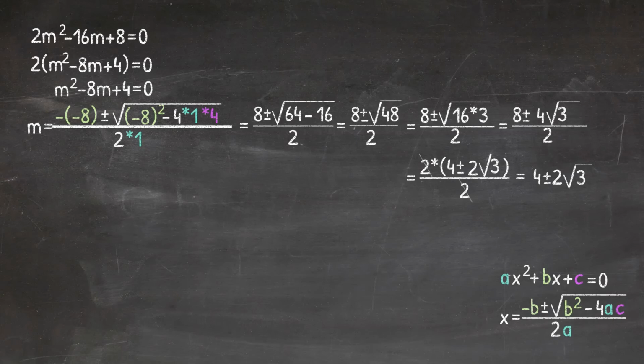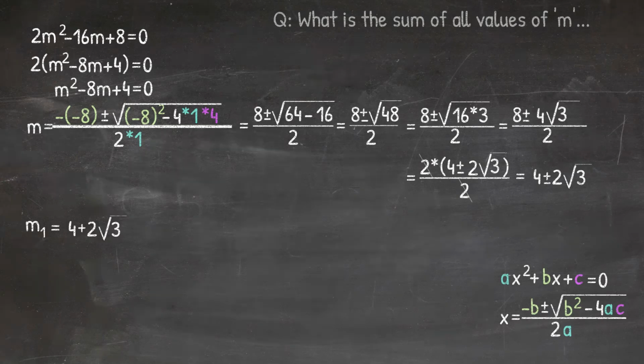Now we're able to see that our two solutions are 4 plus 2 square root of 3 and 4 minus 2 square root of 3. And now let's refer back to the question that we're asked. What is the sum of all values of m? Our value number 1 is 4 plus 2 square root of 3.